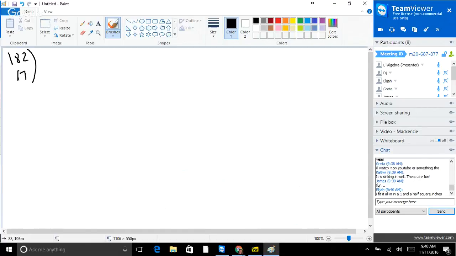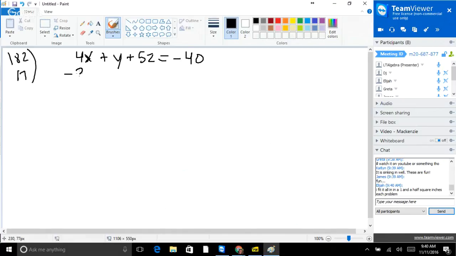This is where you used a lot of paper to solve this. 4x plus y plus 5z equals negative 40, negative 3x plus 2y plus 4z equals 10, and x minus y minus 2z equals negative 2.